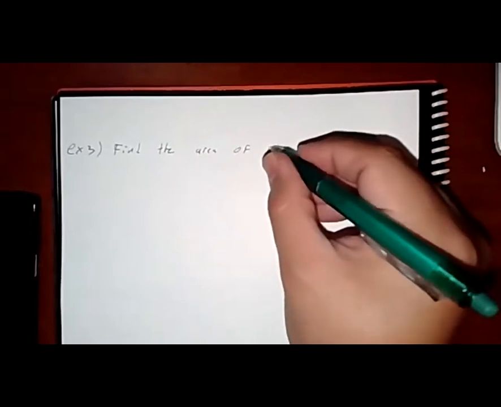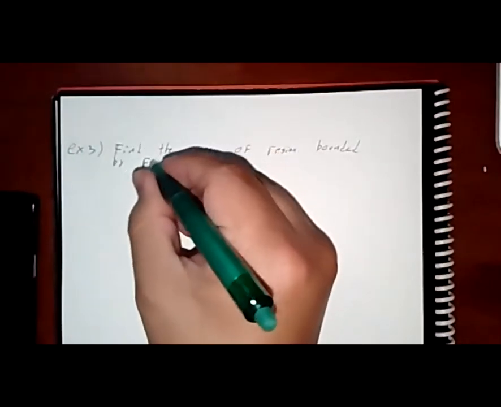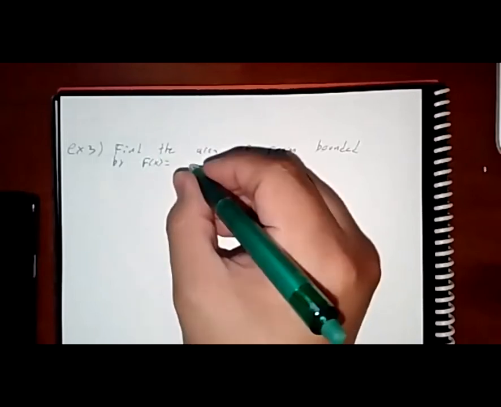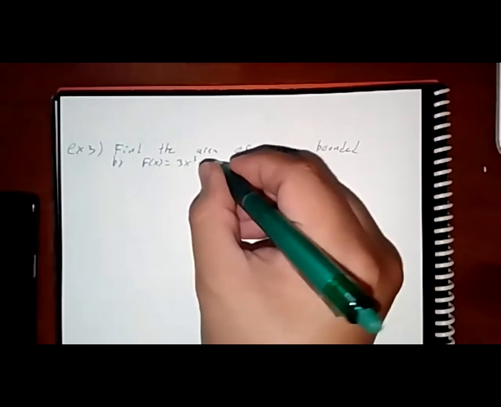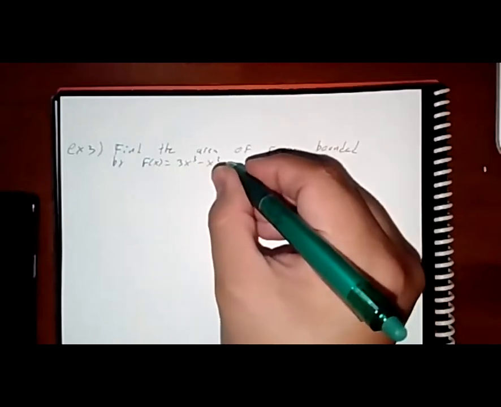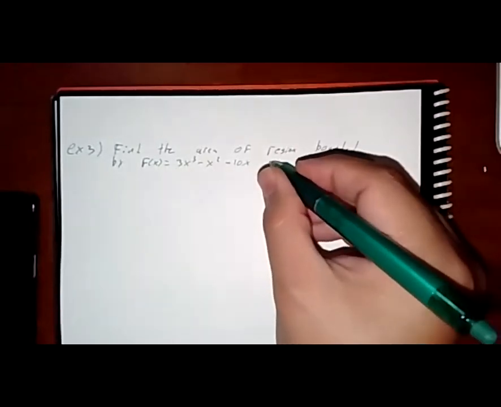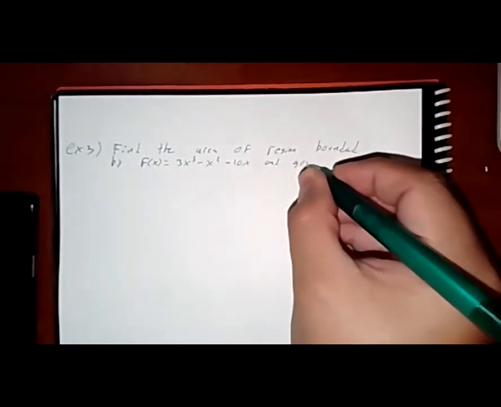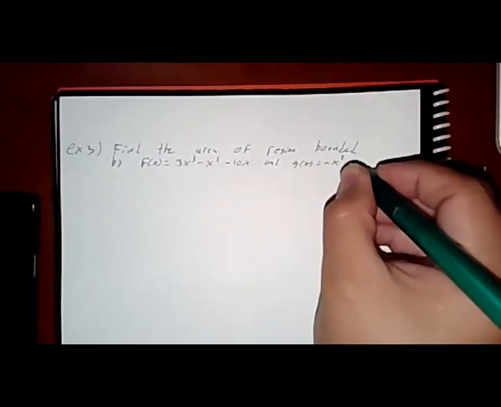Find the area of the region bounded by f of x equal to 3x cubed minus x squared minus 10x and g of x equal to negative x squared plus 2x.